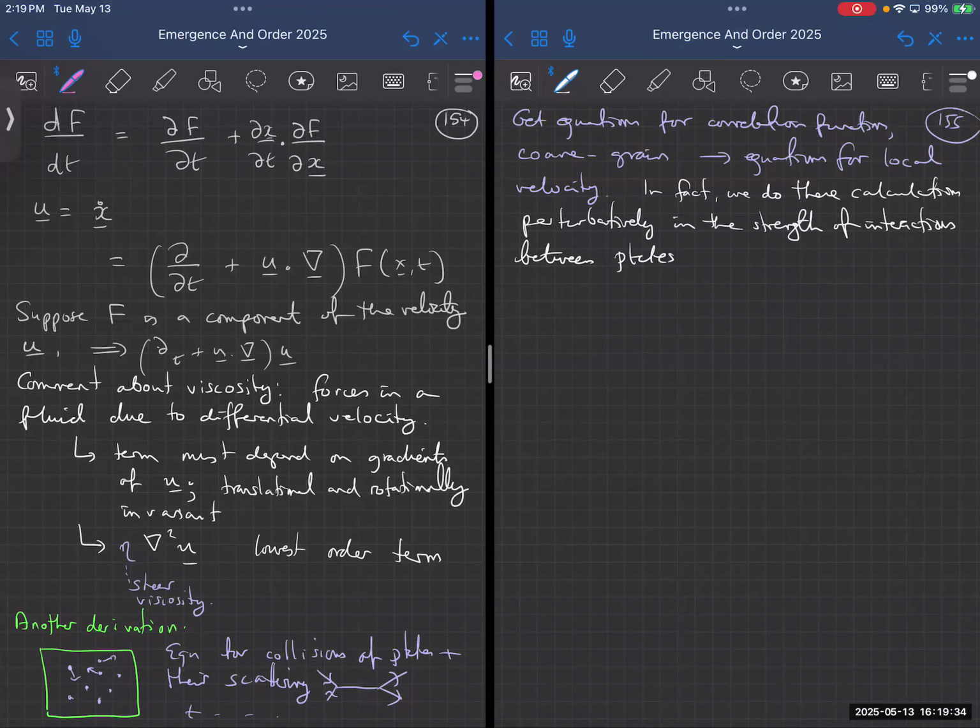Kind of like we did for the Gross-Pitaevskii equation, and then if I do this correctly, I get the Navier-Stokes equations.